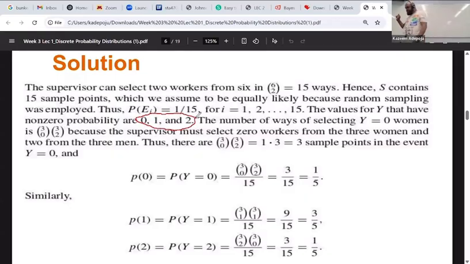Now, the next thing that we need to do is, because we want to find the probability associated with this event, we first need to figure out what is going to occupy the denominator position in the probability.